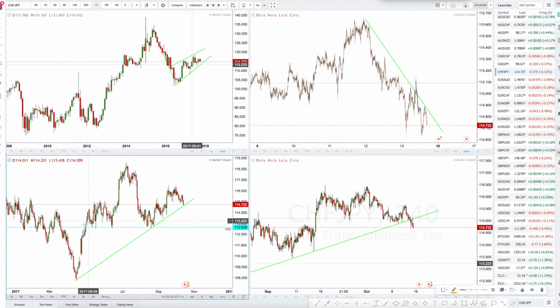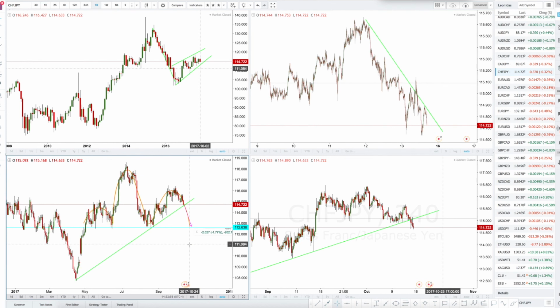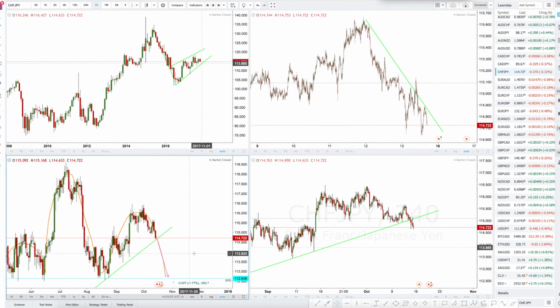So we have this shoulder here. Here's a head. And if this is going to be another shoulder, then our target is at least a neckline, but it's only, that's 200 pips, so that's not bad. It's not bad.